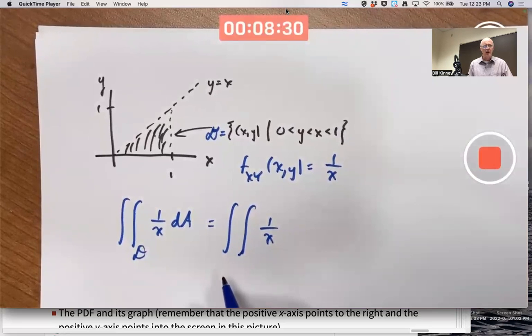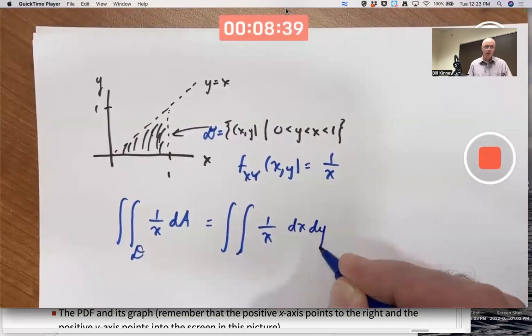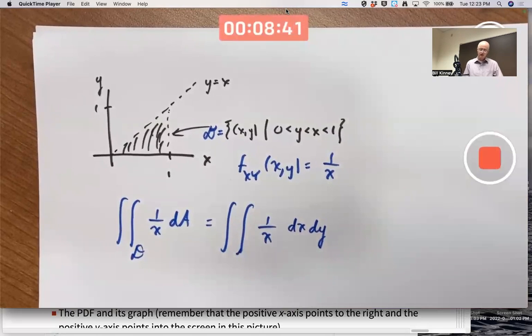You could do it either way, but it's kind of tricky. Let's try it with respect to x in the inner integral first, and y for the outer integral.